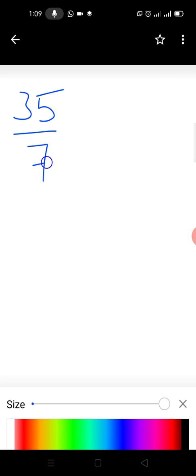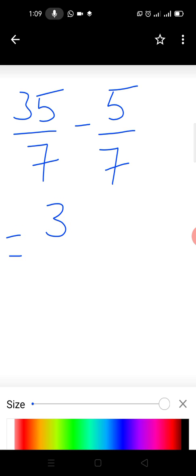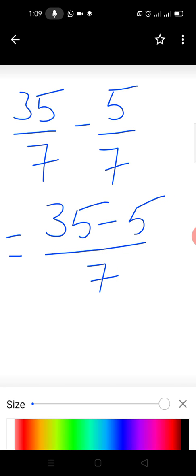So 35 by 7 minus 5 by 7. Now subtract the numerators directly. 35 minus 5 whole by 7 is how much? 30 by 7 liters.